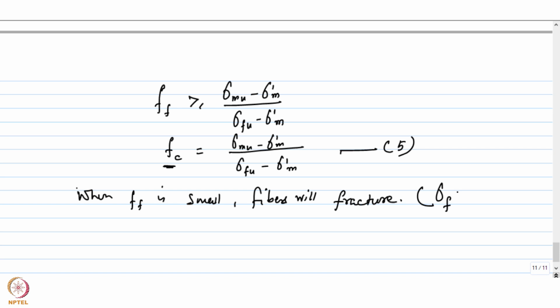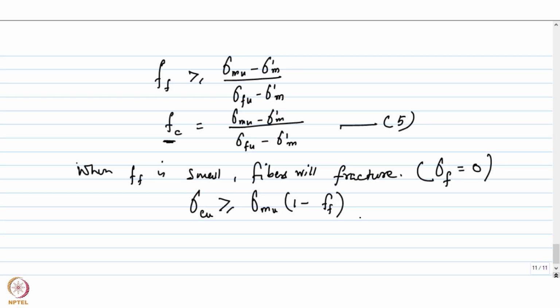Which means this will be sigma f will be 0, and we can write this. Okay, so this will lead us to a minimum volume fraction which is needed for any strengthening effect from the fibers.